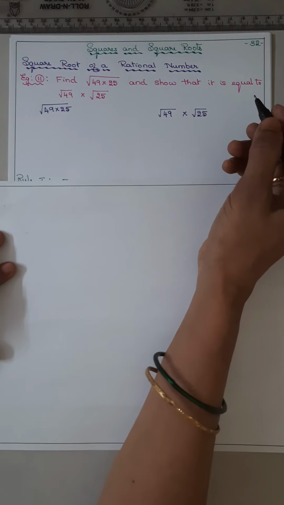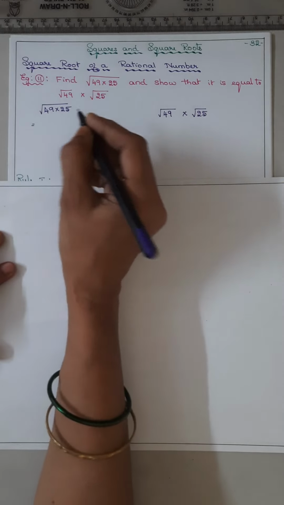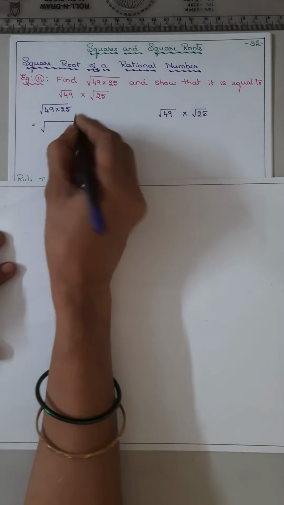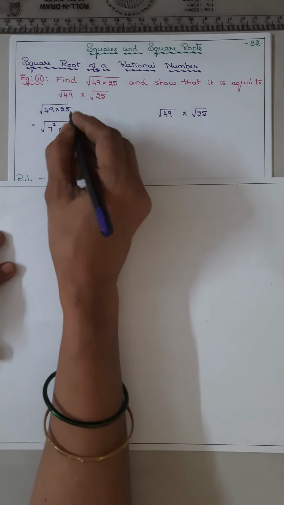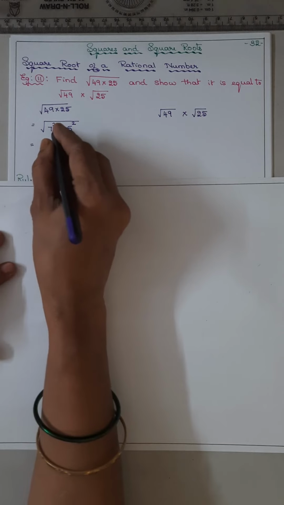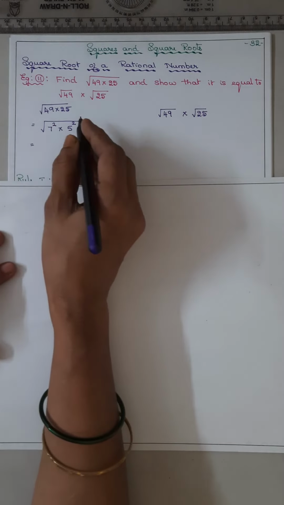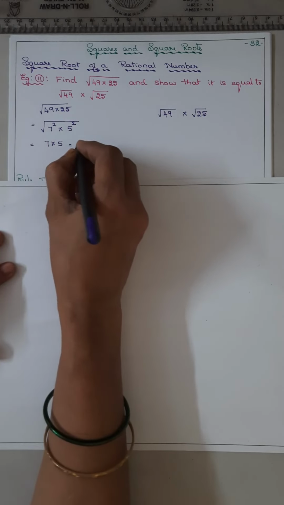Now the square root of this one will be how much? 49 is 7 square and 25 can be written as 5 square. Now square root and square get cancelled and you will get 7 5s are 35.